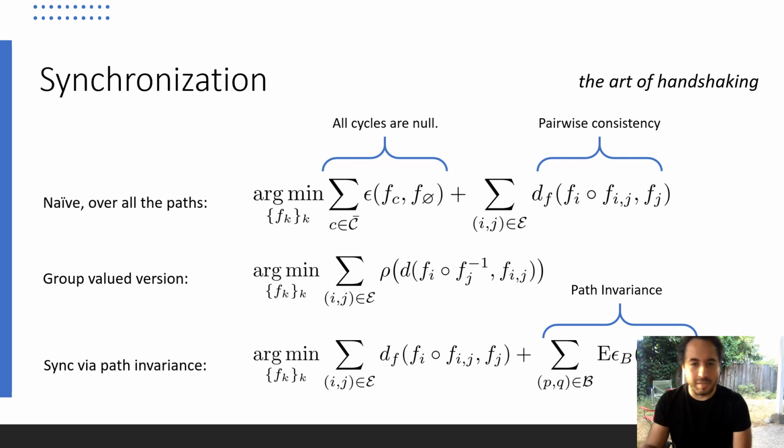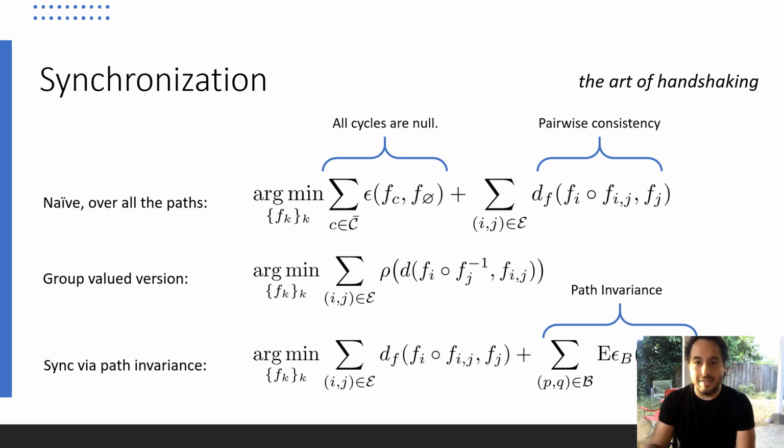It's easy to explain, even though later algorithms use different formulations. So essentially what we want is that every cycle should be a null cycle, which means that if I take any vertex and trace all the relative transformations, I should map back onto the same labeling.